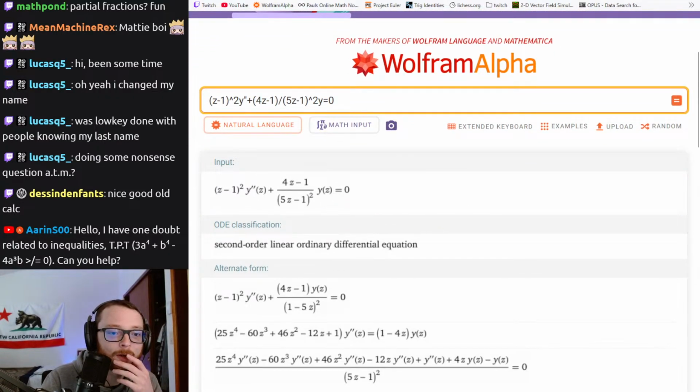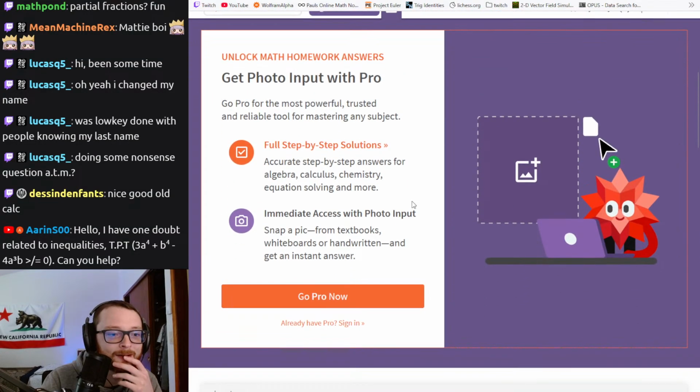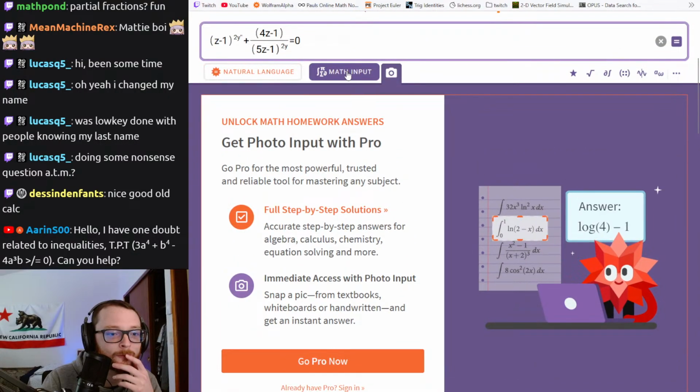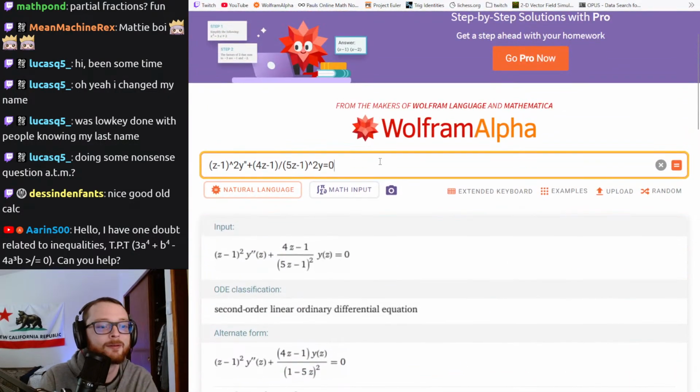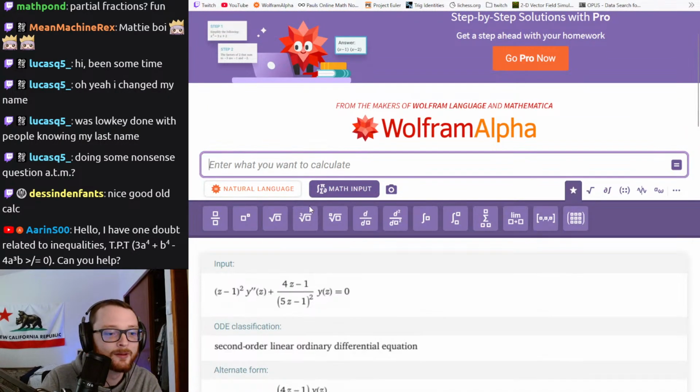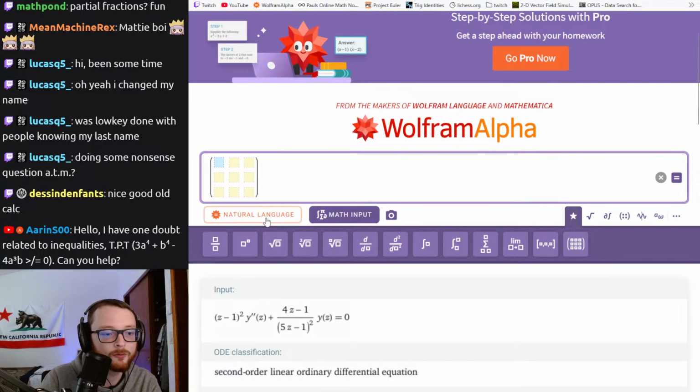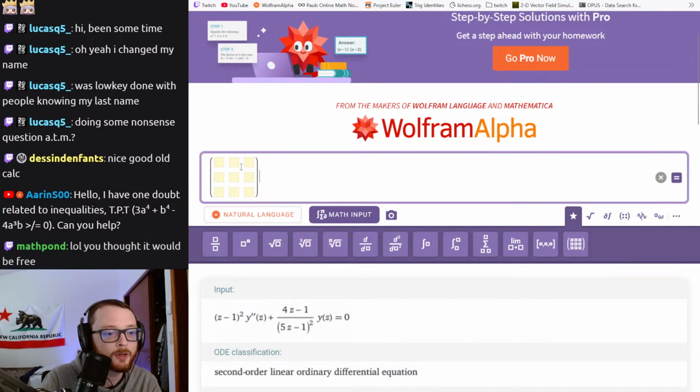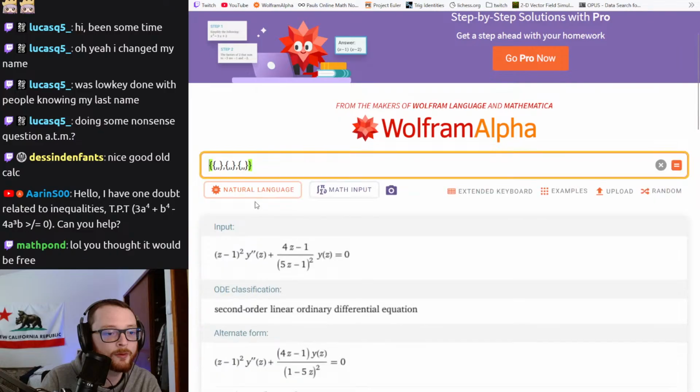Oh, you can submit pictures to Wolfram Alpha now. That's kind of cool. Actually, can we try it? Oh, yeah, of course I have to pay for it. Good old Wolfram. I should be able to just slam another row, slam another column on this.